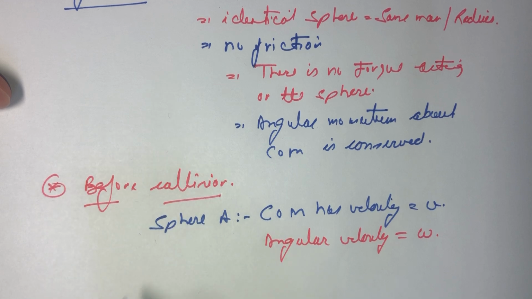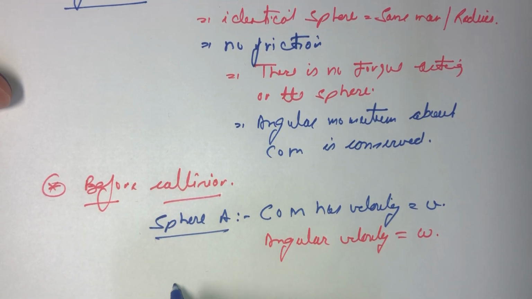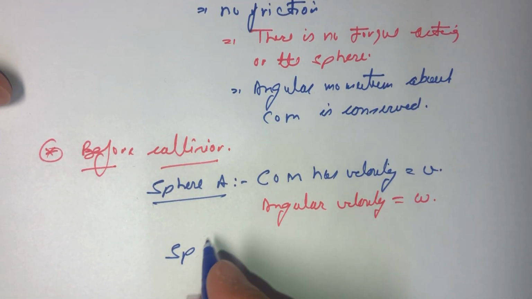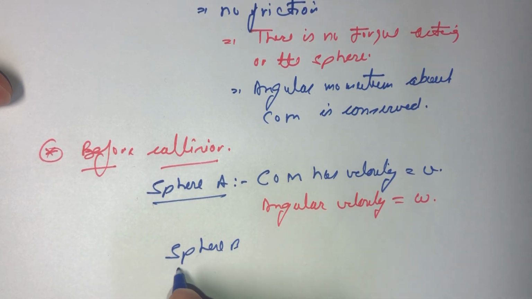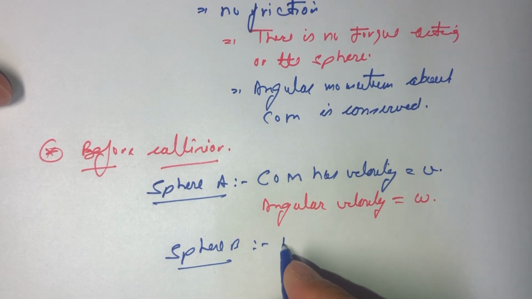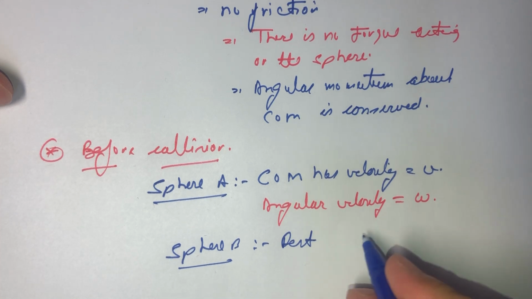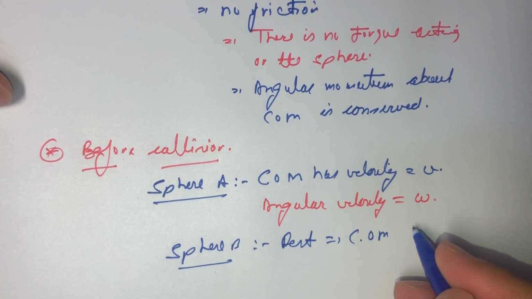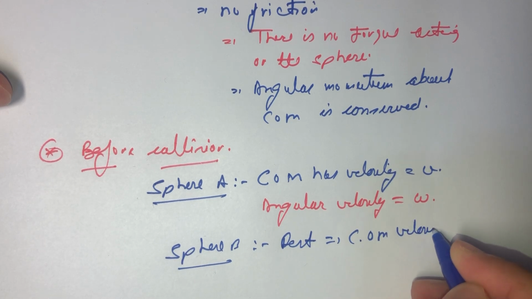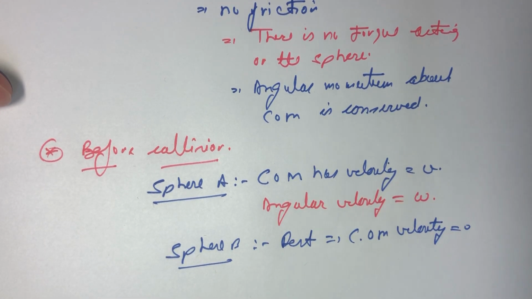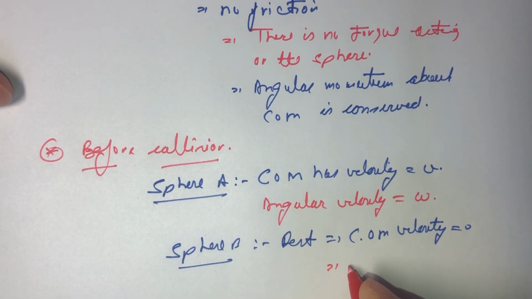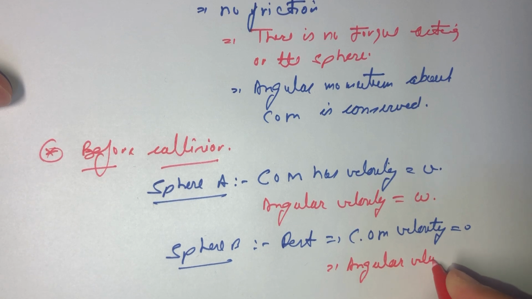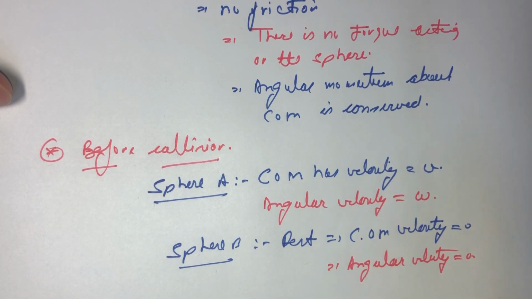And for sphere B, which is at rest, the center of mass velocity will be equal to 0 and the angular velocity is also equal to 0.